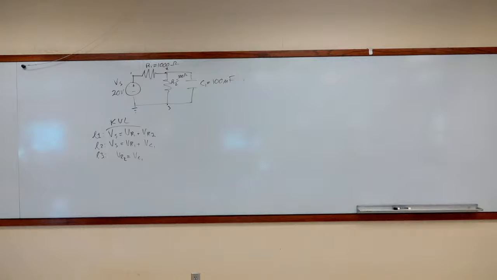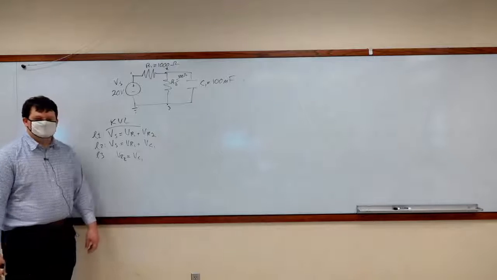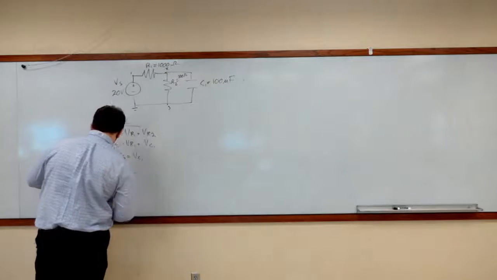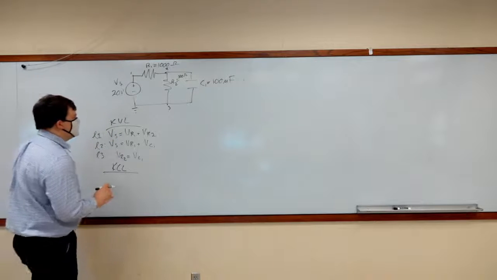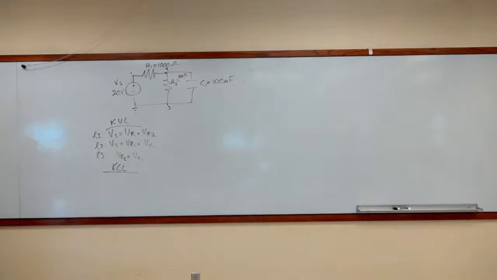What's equation set number 2? It's KCL. According to KCL, how many different nodes do we have? We have 3, which means we'll have 3 different equations.